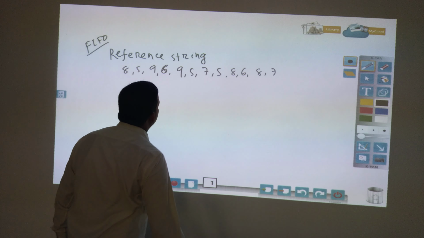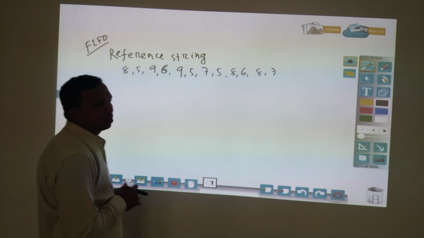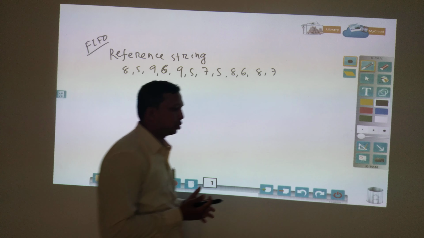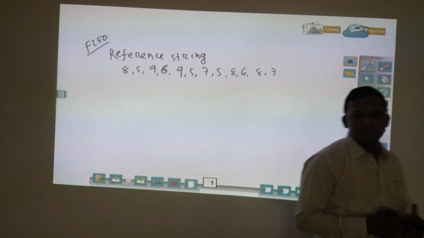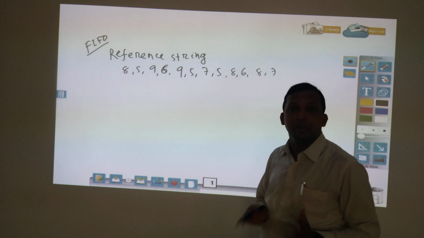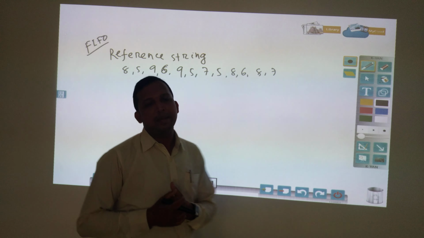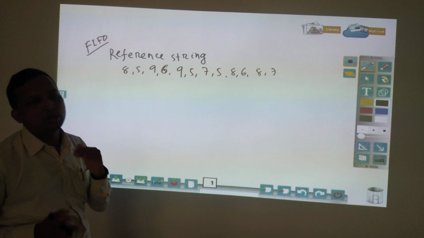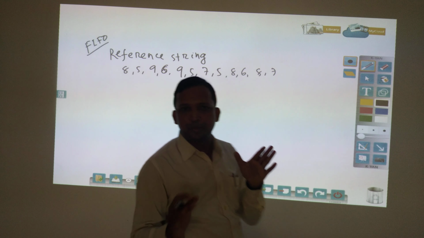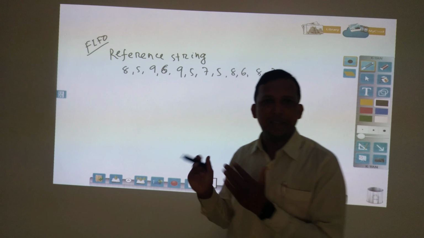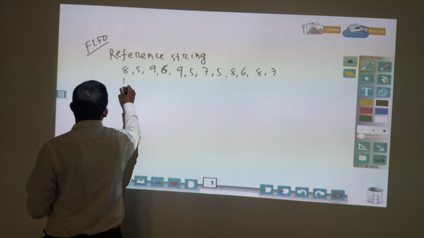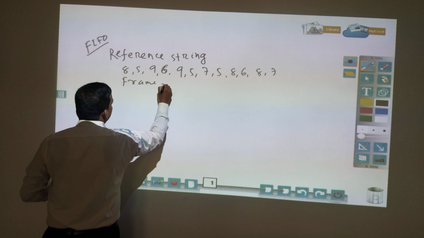For this we have to consider three frames. If in the question or in a semester exam there is no frame given, you have to take any frame. You have to take either frame equals to 2, or frame equals to 4, or frame equals to 5. So here frame equals to 3.